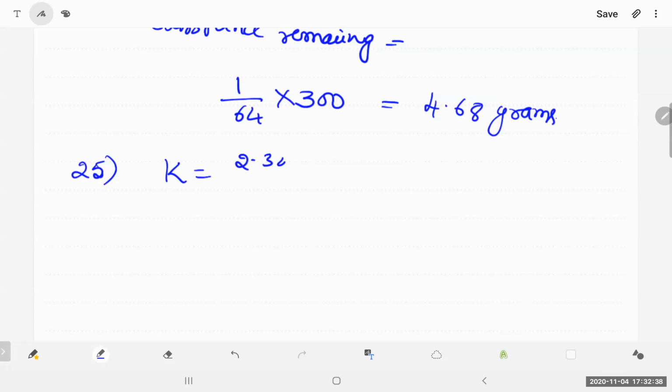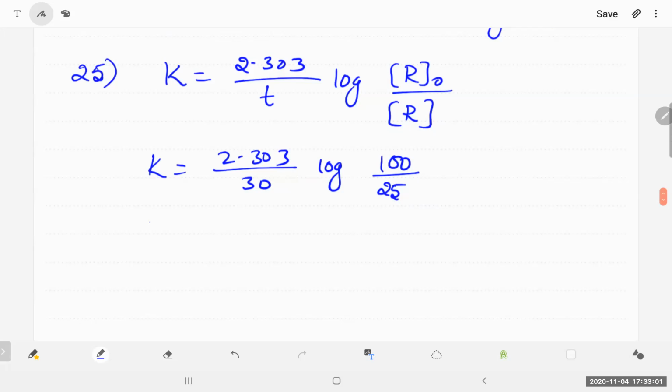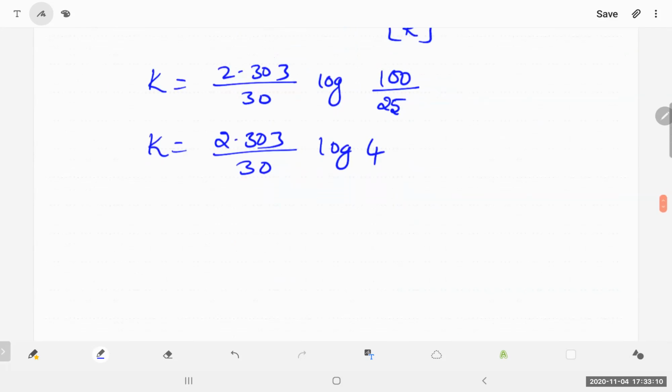K is equal to 2.303 by T log R naught by R. So K is equal to 2.303 by 30 log 100 by 25. That is 75% is completed, so remaining 25%. K is equal to 2.303 by 30 log 4, with log 4 value 0.6021.